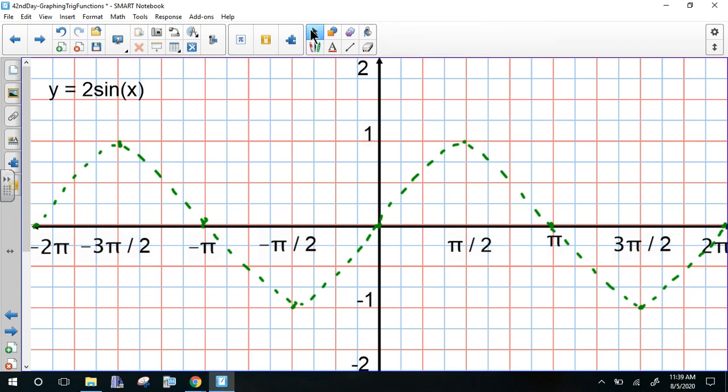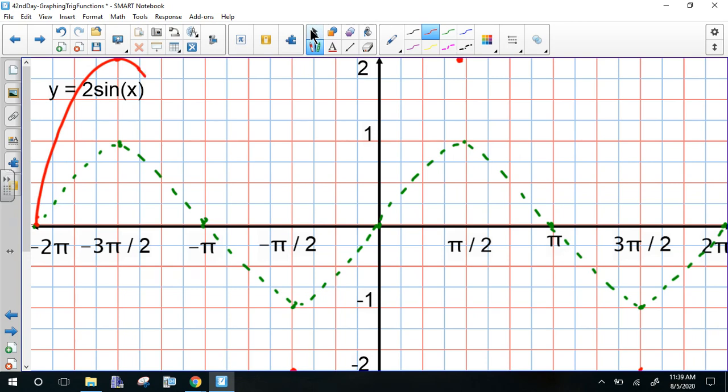So what that does, it stretches the graph. Okay? It stretches it up to 2. So all these points that are at the hills and the valleys will stretch from -1 down to -2 and from +1 up to +2. And it'll look like this.